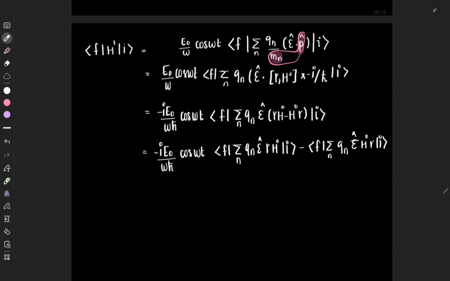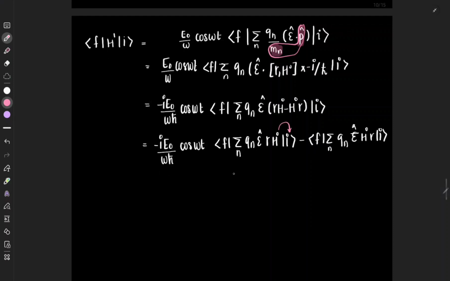That's it. Now you have to see h naught acting on ket i. We remember this gives you e i. Same thing you have to apply. Here h naught will act on f, so it will be e f. So sorry, this will be e i because it's acting on the ith state, the initial state. h naught acting on f gives you e f.